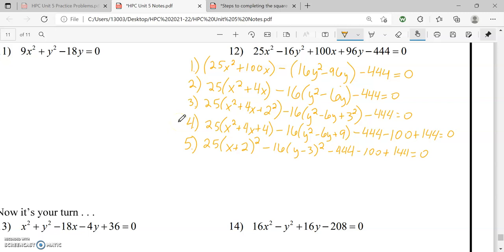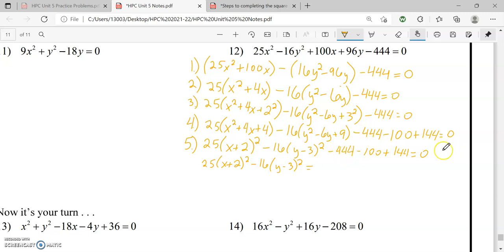So the first thing I'm going to do is move all of these numbers here, these constants, over to the right side. So I'm just going to keep going. And what you're going to find is by adding 444 to the right side, that negates this one.